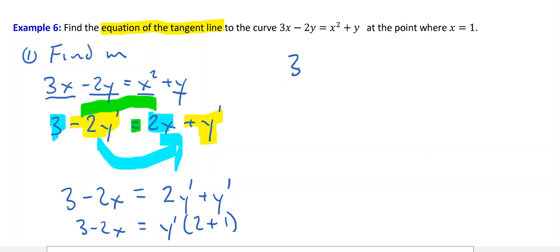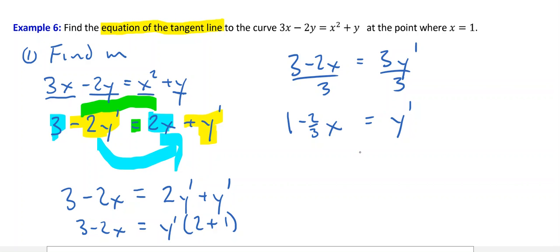So 3 minus 2x is equal to 3y prime. Dividing both sides by 3, we have y prime is equal to 3 minus 2x divided by 3, which is 1 minus 2/3 x.